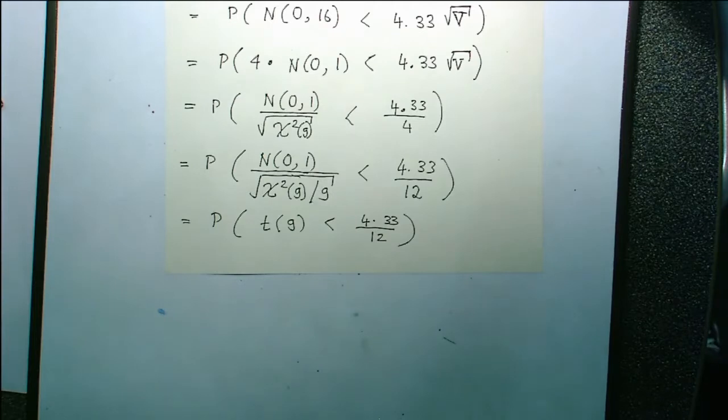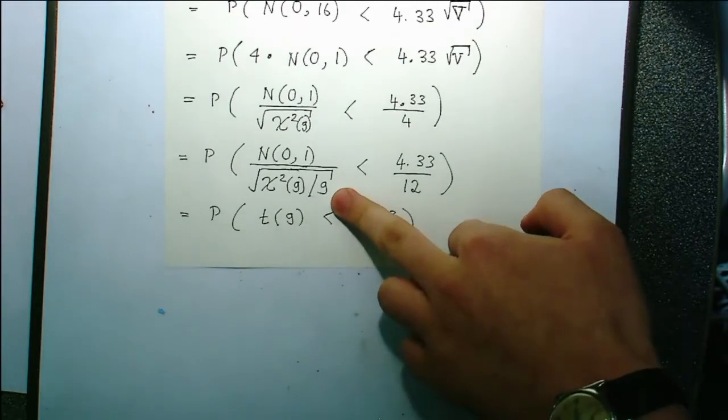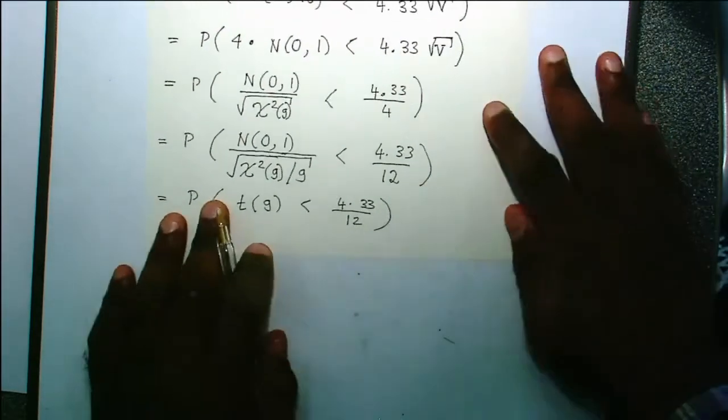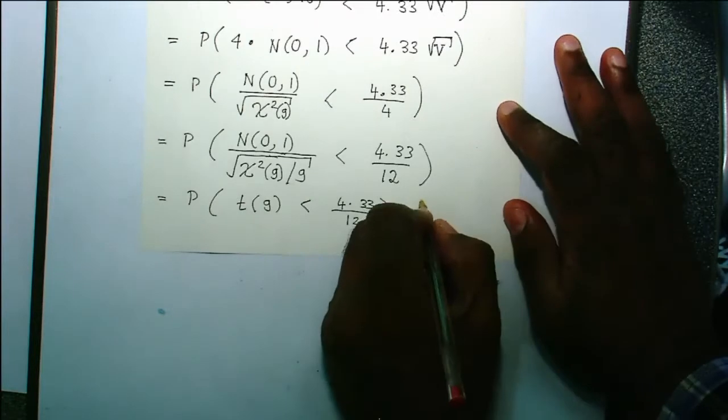Sorry. We used this property, right? Yeah. And the square root of n, and then that's t to the n minus one. No. Sorry. I used another property. Sorry. I will write it down here.